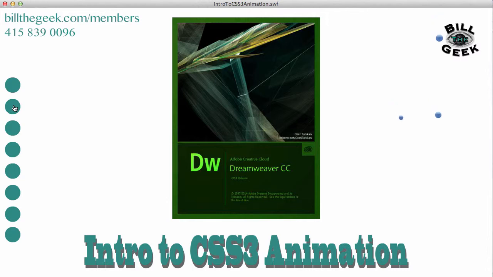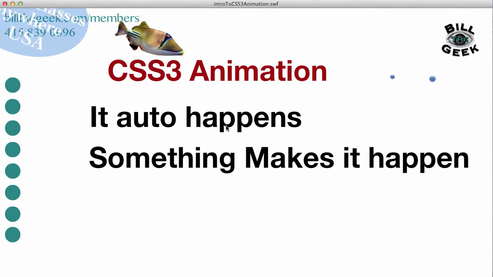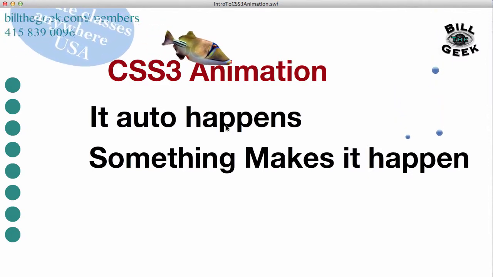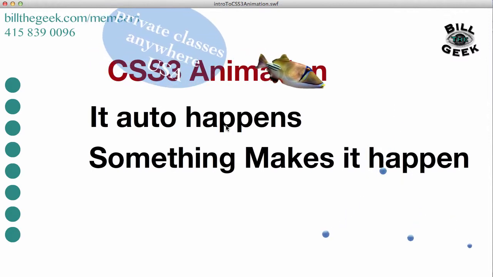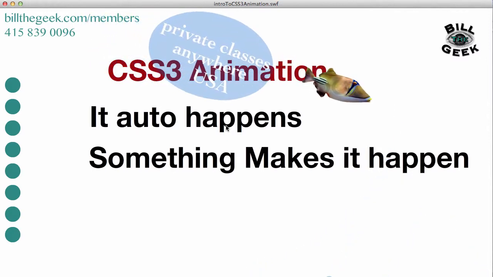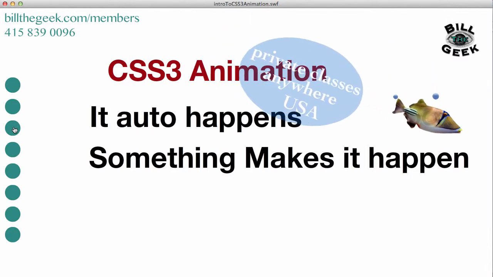Enjoy. So the way it works is you can make something happen automatically. So the page loads and this animation just starts. On the other hand, you can have it so that something has to happen for the animation to actually start working.